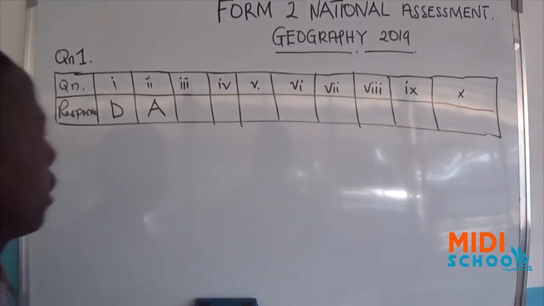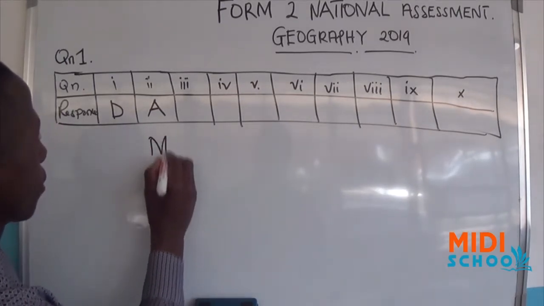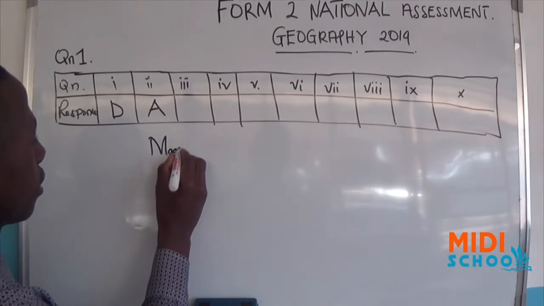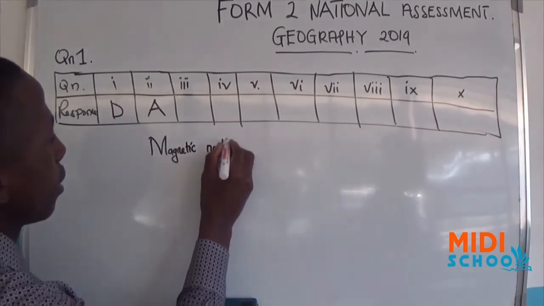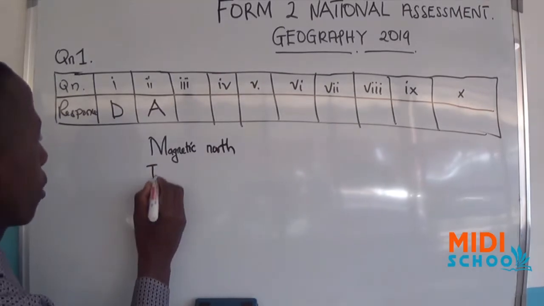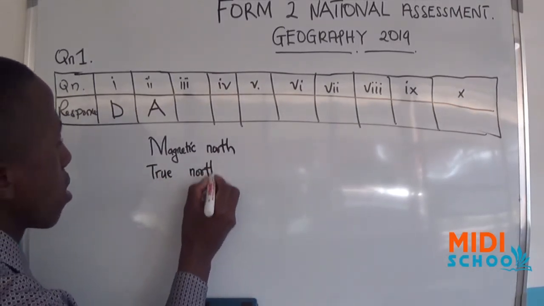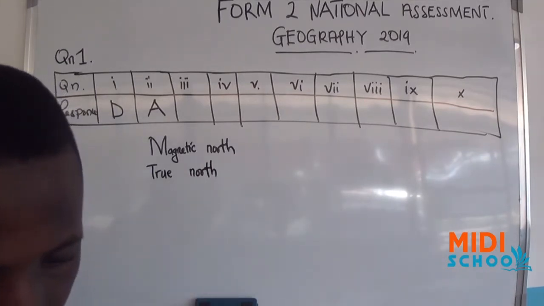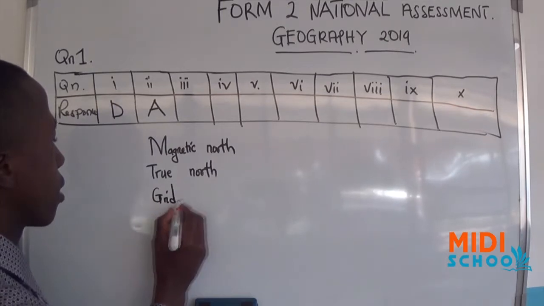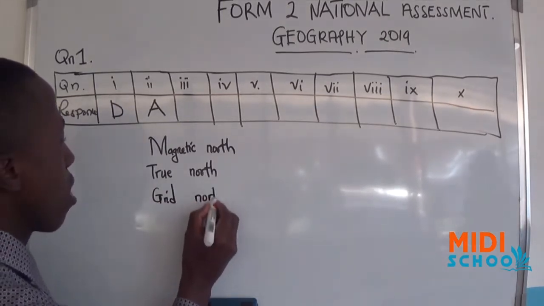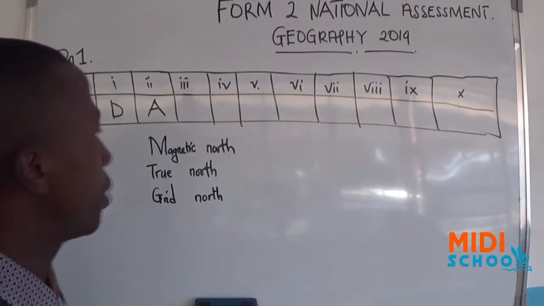If we want to explain more, the magnetic north, the true north and the grid north. These terms sometimes can confuse a student.